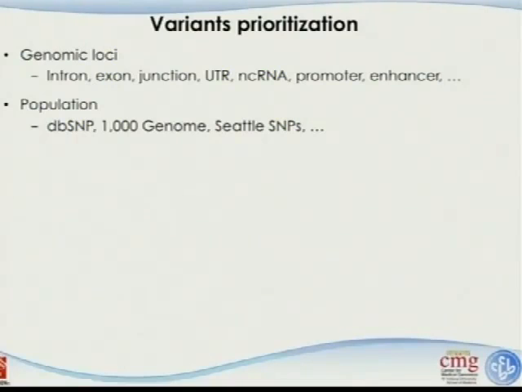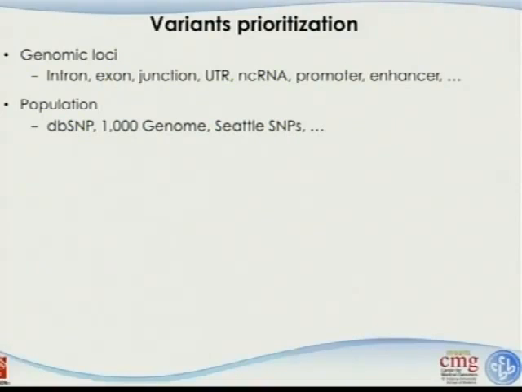And the second type is to do the annotation based on the population. So dbSNP or 1000 Genomes or Seattle SNP, especially the first two, you are expecting those people to be generally healthy individuals. If you study a rare disease, those are pretty powerful filters to help you get rid of the variants that you don't need.